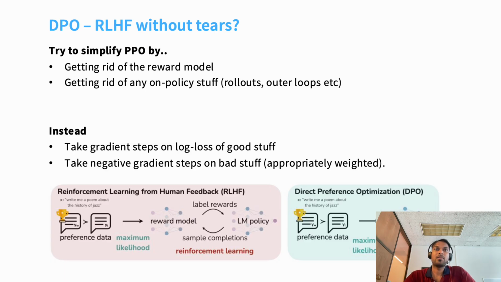DPO made it possible to use human annotated preference pairs to fine-tune a language model in a supervised fashion. So we simply take gradient steps on the log loss of good stuff and take negative gradient steps, weighted appropriately, on the bad stuff.